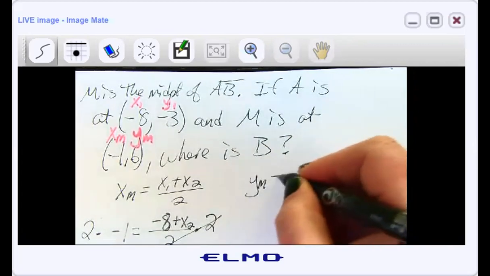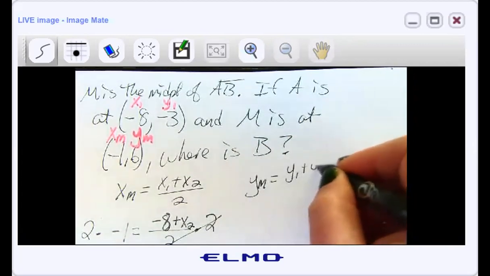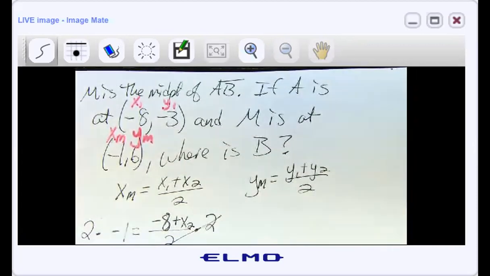So Y of the midpoint is going to be equal to Y1 plus Y2 all over 2. Okay, so what is Y of the midpoint, Marissa? I just want what number would go right here.